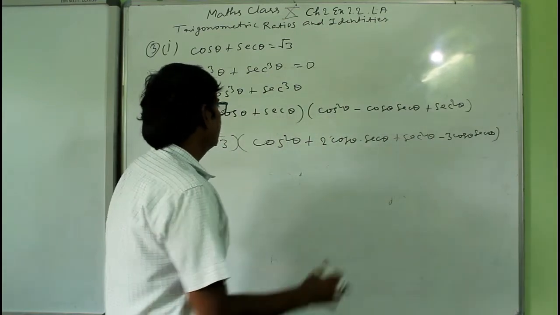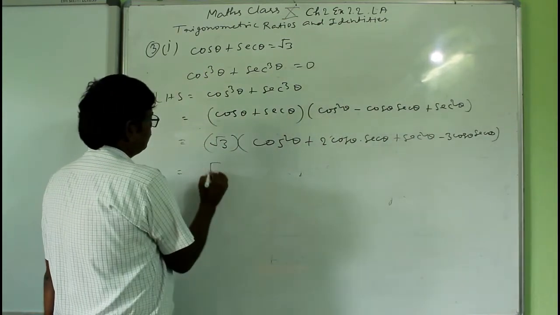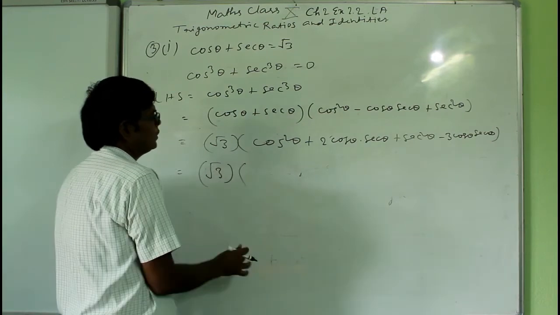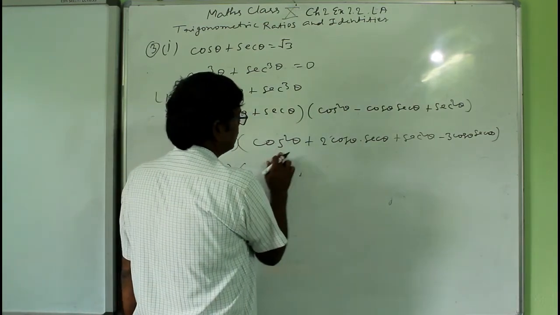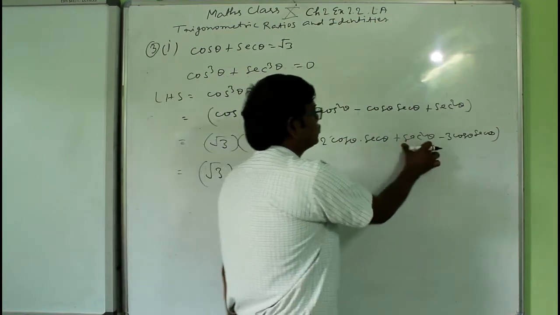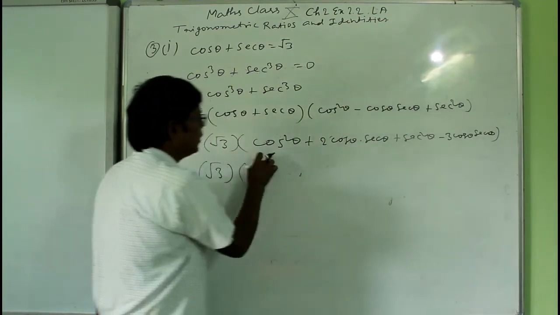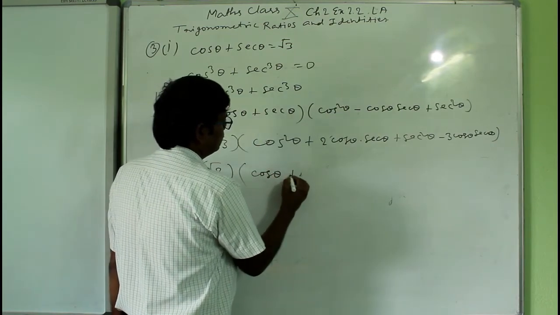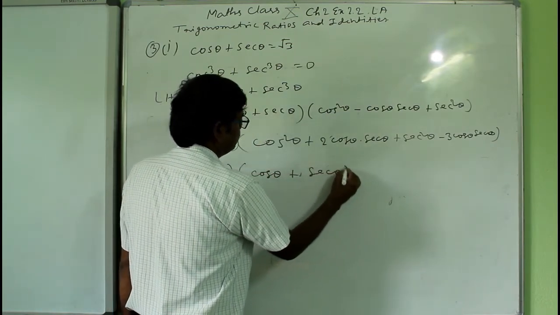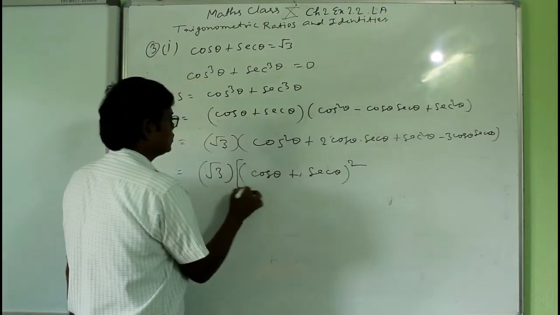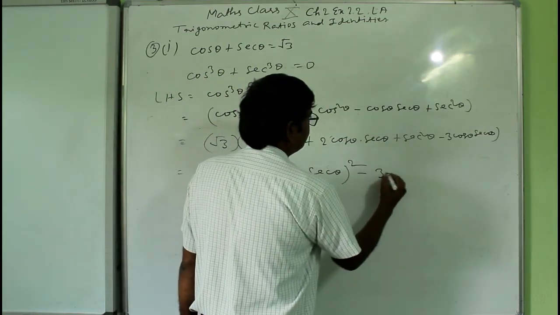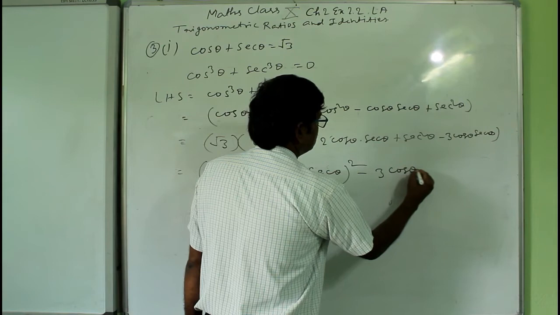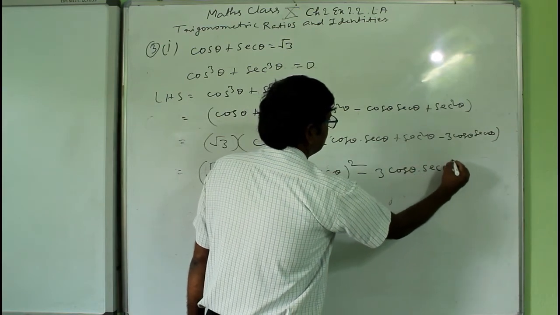Next, root 3. Now see that cos square theta plus 2ab plus b square is based on the formula a plus b whole square. So it will be cos theta plus sec theta whole square, put this bracket here, and minus 3 cos theta into sec theta.